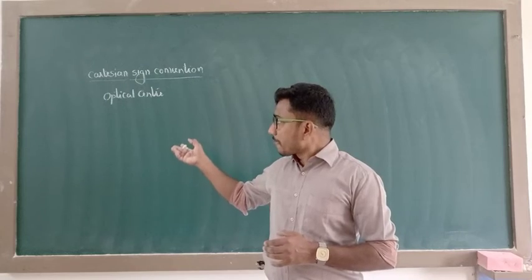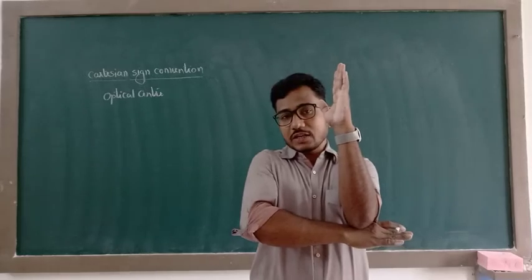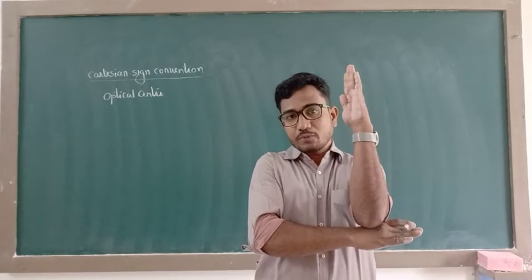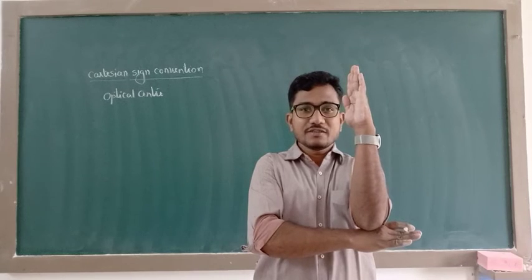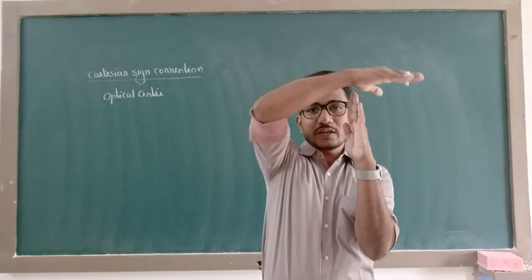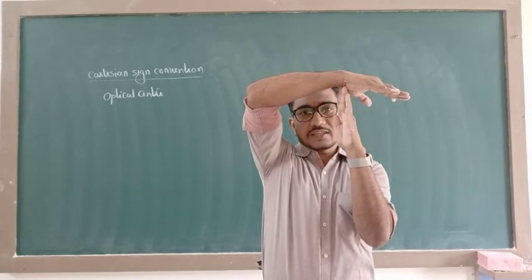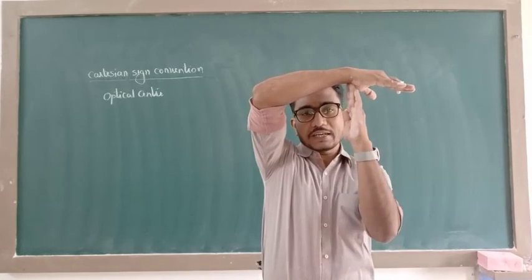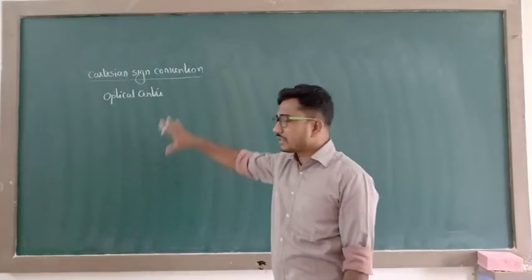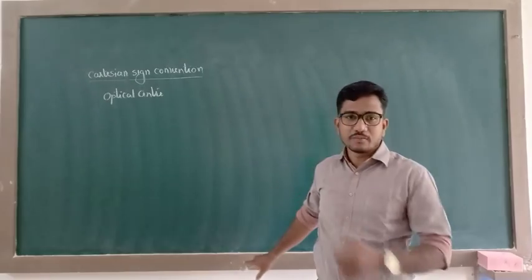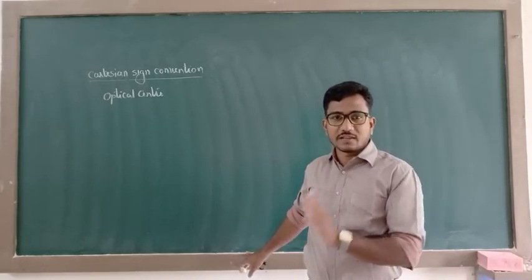And fourth, upward distances perpendicular to the principal axis are taken as positive, and downward distances measured perpendicular to the principal axis are taken as negative. Same conditions, instead of pole we are going to use optical center to measure all the distances.